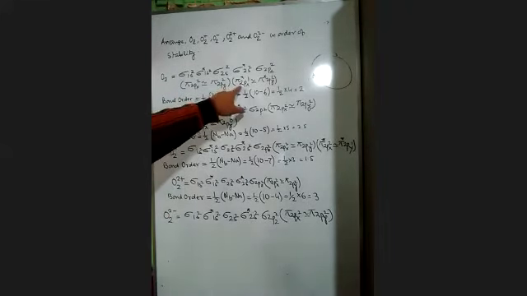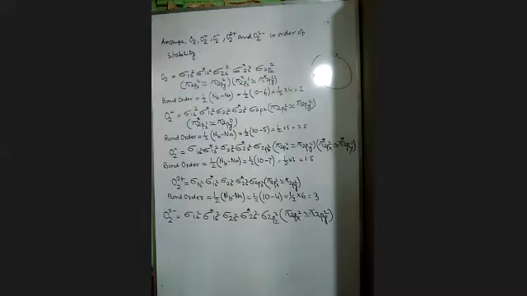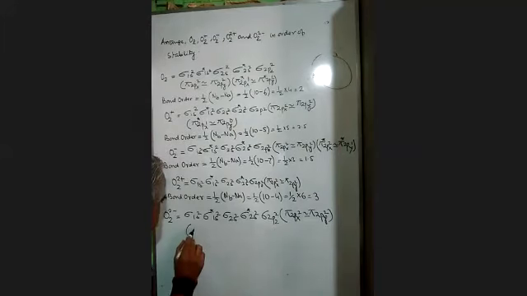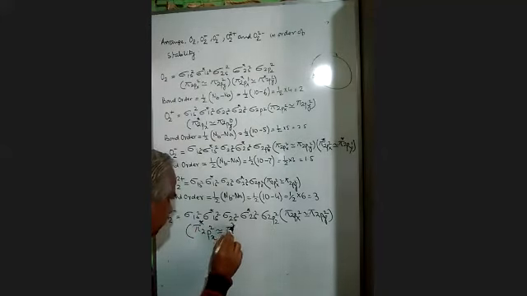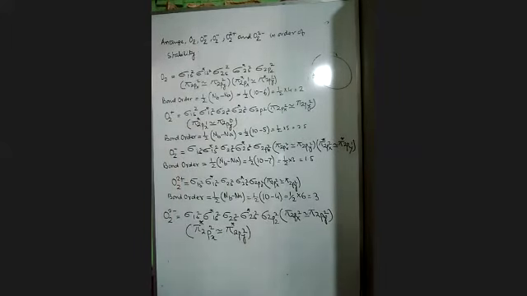One I can add here and one I can add here because we cannot have more than 2. This. Okay. So now see the bond order.